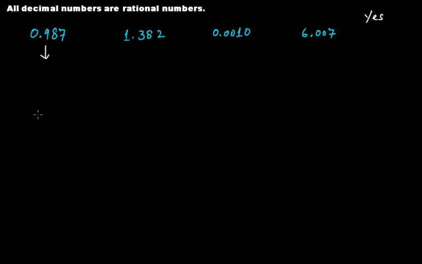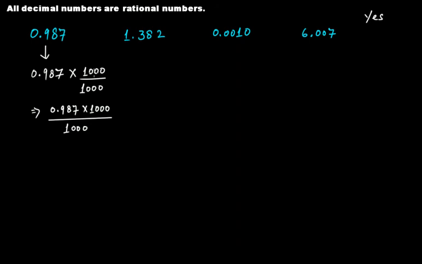This is 0.987. I want to convert this decimal number, or write this decimal number, in the form of a fractional number. So I multiply 0.987 by 1000 and also divide by 1000, that is, I'm multiplying by 1000 over 1000. This becomes 0.987 times 1000 over 1000.